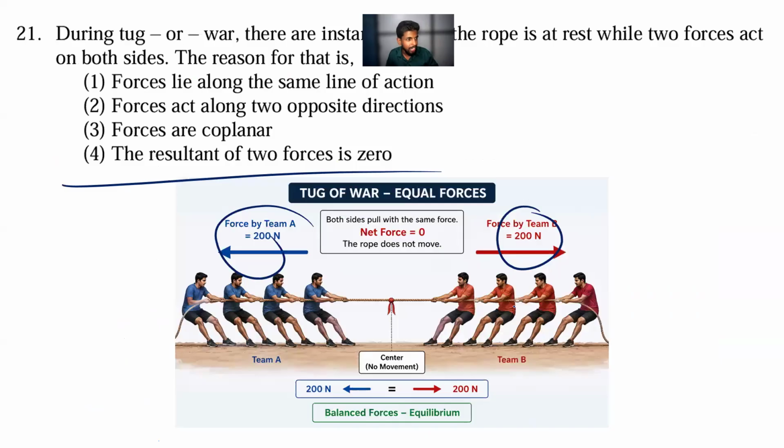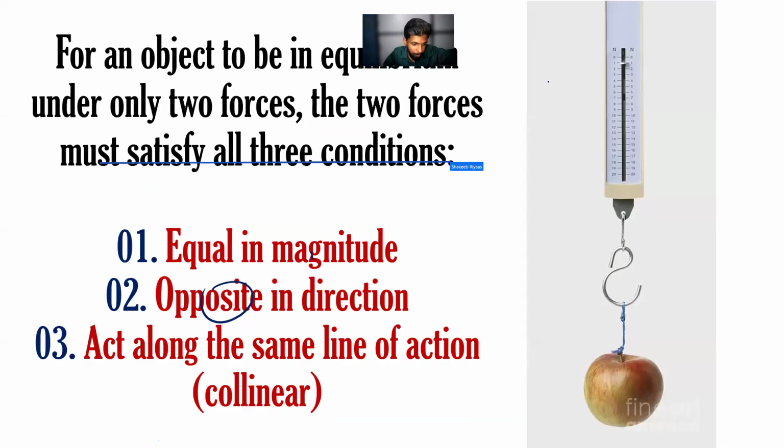So for question number 21, definitely you will have a confusion. So all the answers are correct. Same line of action, opposite direction, couple, yeah. But if they ask for the reason, it will be this: the resultant is 0. If they ask for the conditions, then only you say the conditions: equal in magnitude, opposite direction, along the same line.